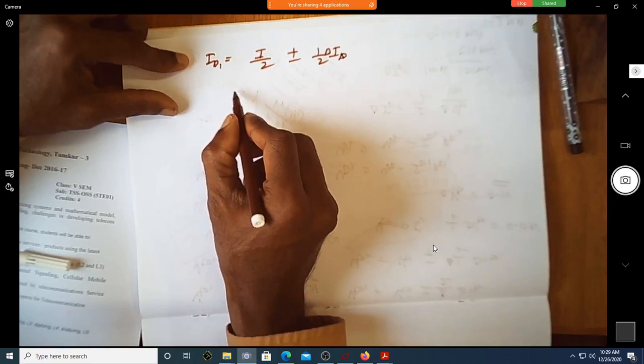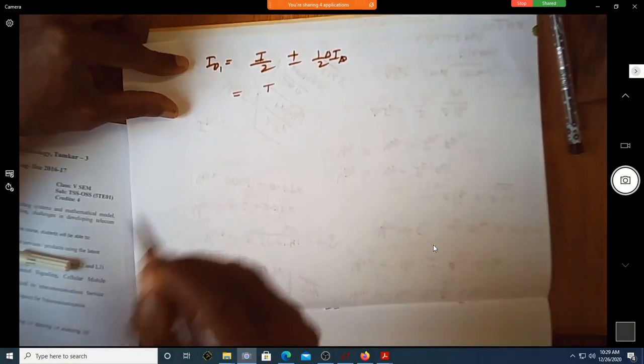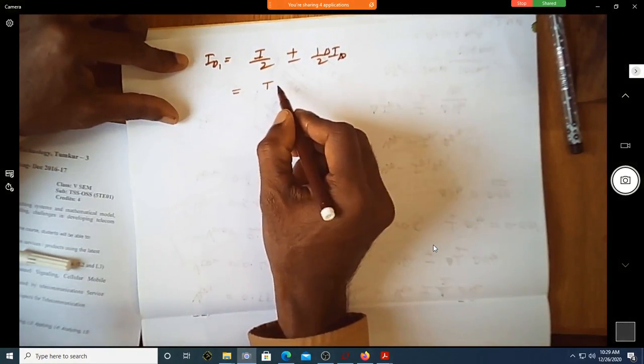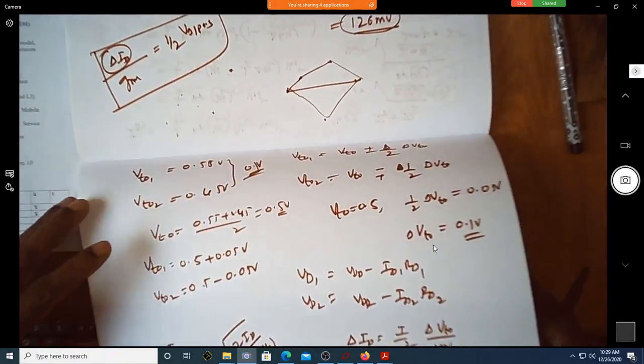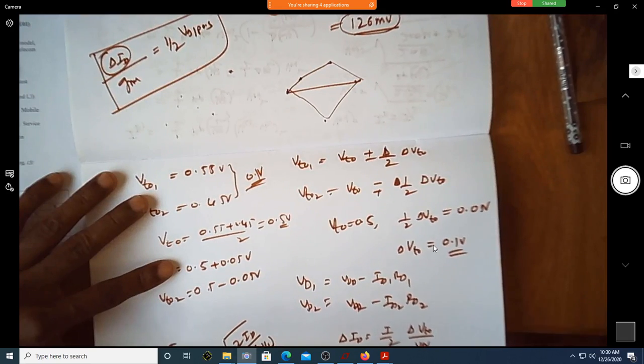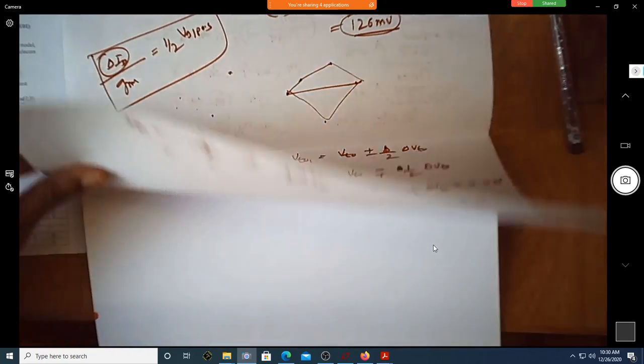Okay, is this half or full? This is the full delta ID, the change in current on one side. So it is I by 2 minus or plus delta ID, because we consider only one side.